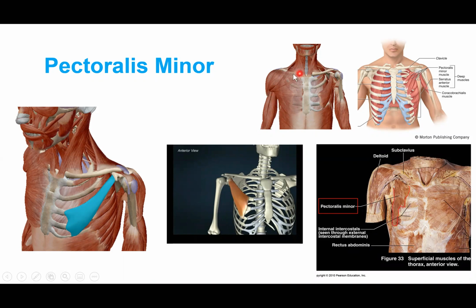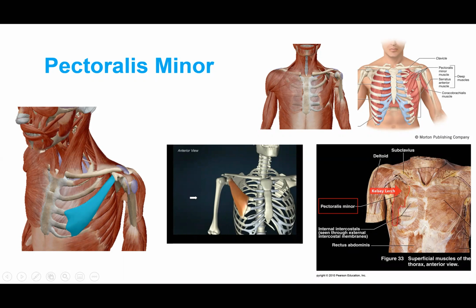I just faded it out so that you can see the pec minor down here, just deep to that. And then here's the matching pec minor on the opposite side. If you remember, here was pec major on the cadaver image. Basically, they would have had to cut pec major away right here and flip it out, and then you will see pec minor.